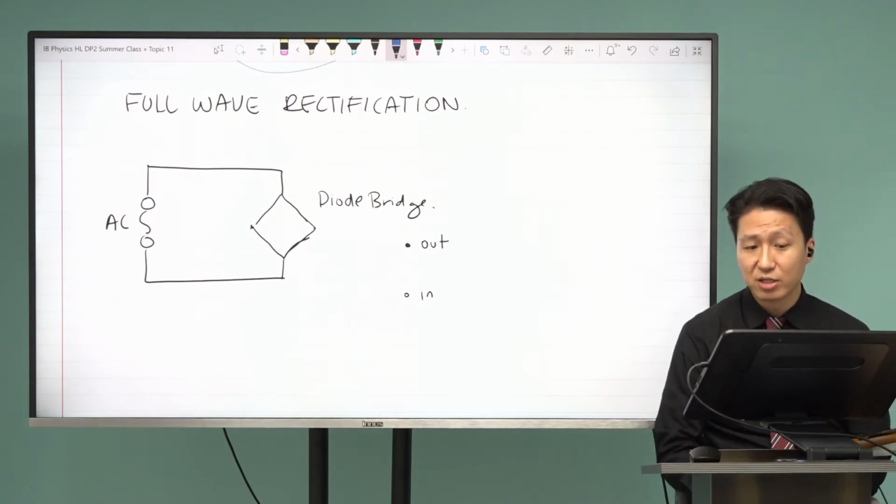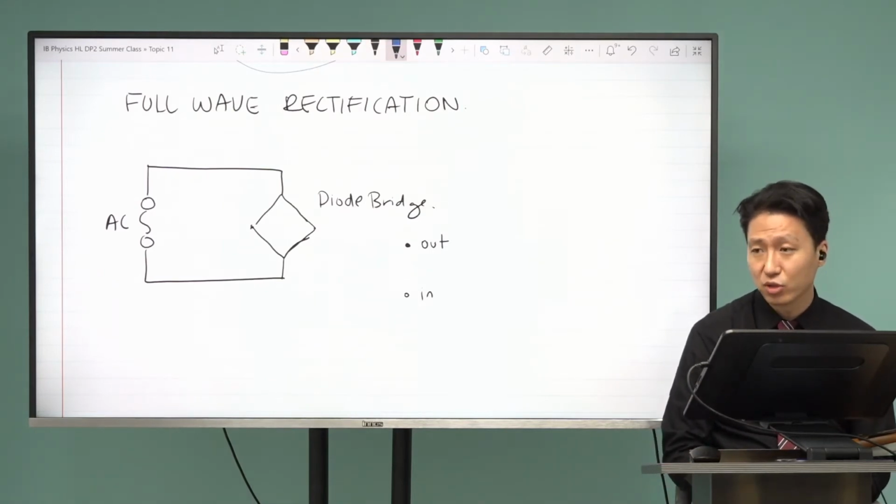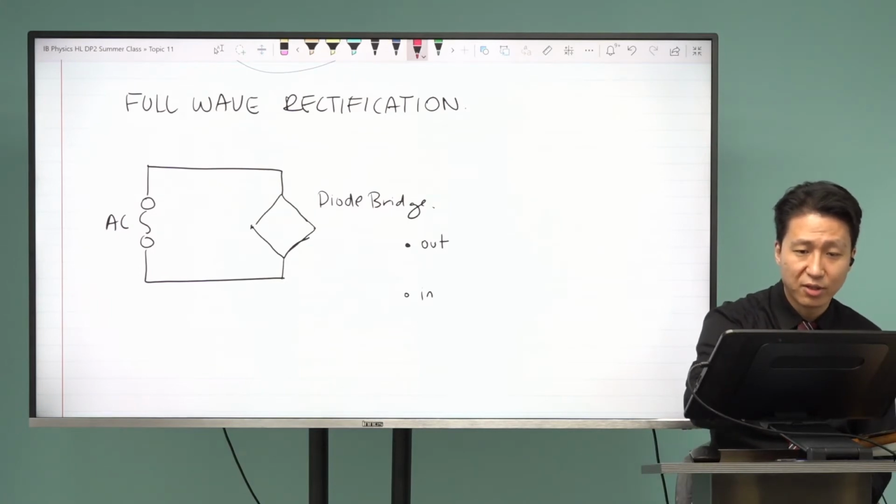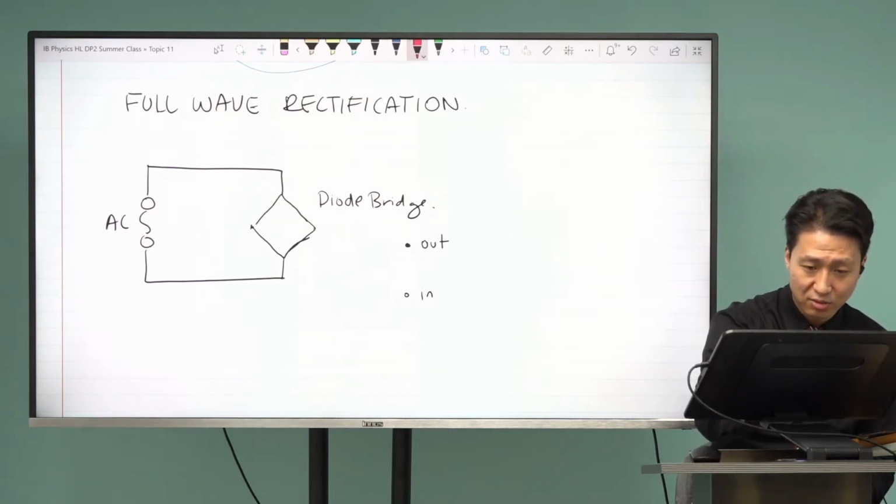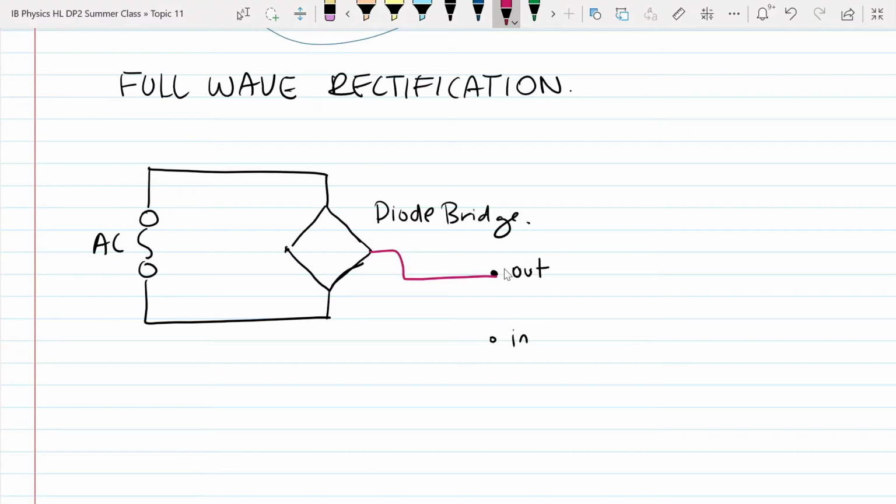And what direction do the diodes point to? Well, you have to point them to the out, right? So I'm going to draw a red line from here to here for the output, and the input is going to go here, jump this, and go here, right? So the diodes all have to be pointing to the out.